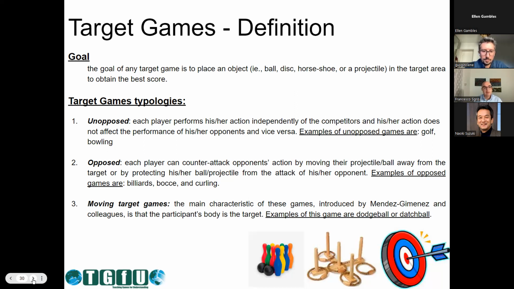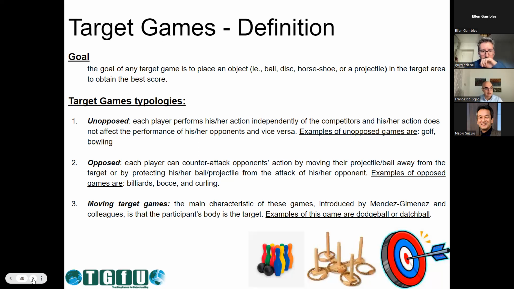These games account for the games where each player's action can affect the other player's performance and vice versa. For example, I can hit a ball to move the opponent's ball away from a target area.